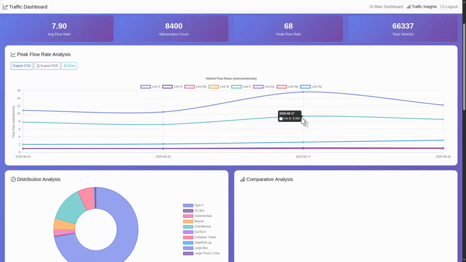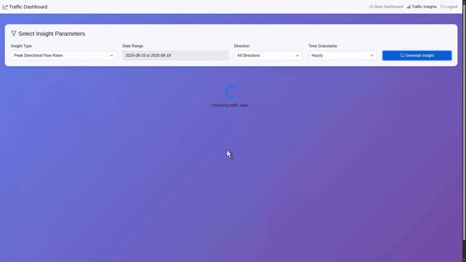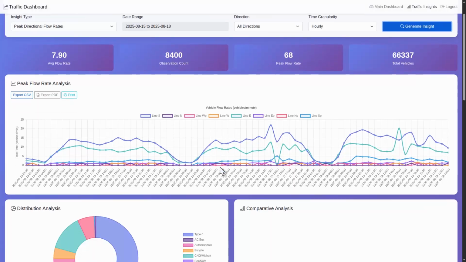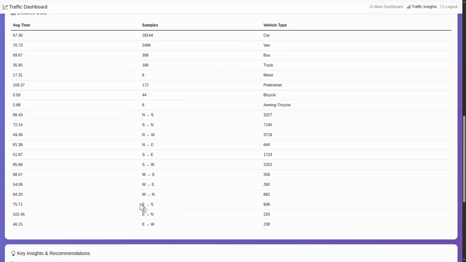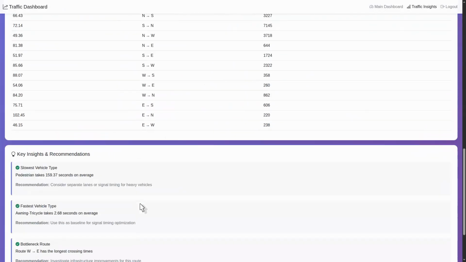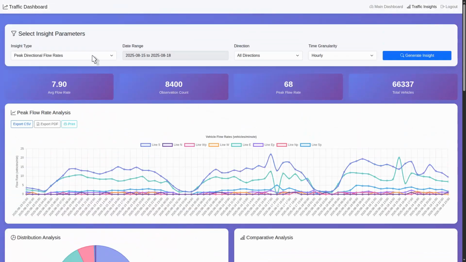This is quite interesting because on the peak flow rate we see, for each of the lines, the flow rate of vehicles per minute. We see the line S has the highest flow rate, the slowest vehicle type is the awning tricycles.